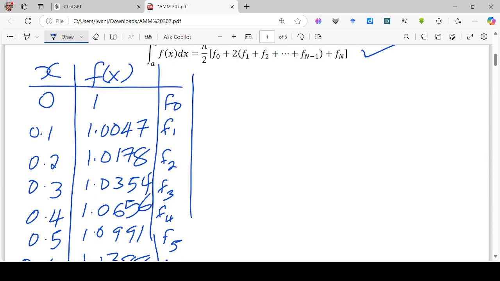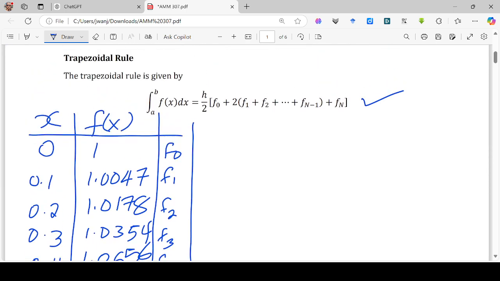So in this case, we see that the integral from a to b, in our case, is from 0 to 1, the integral of the function e raised to power x divided by 1 plus x.